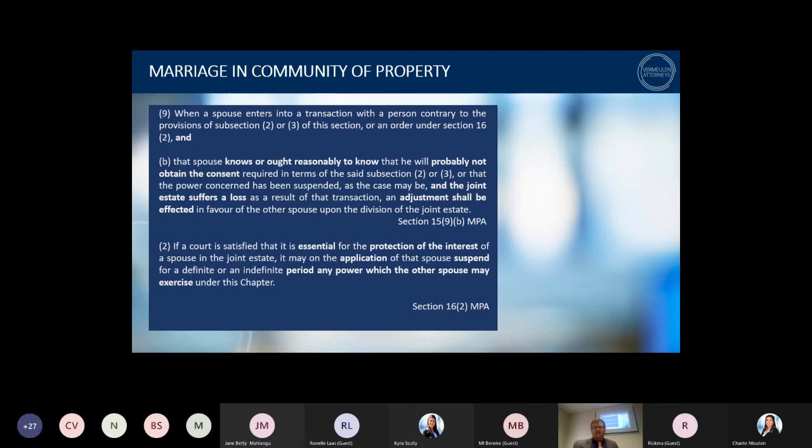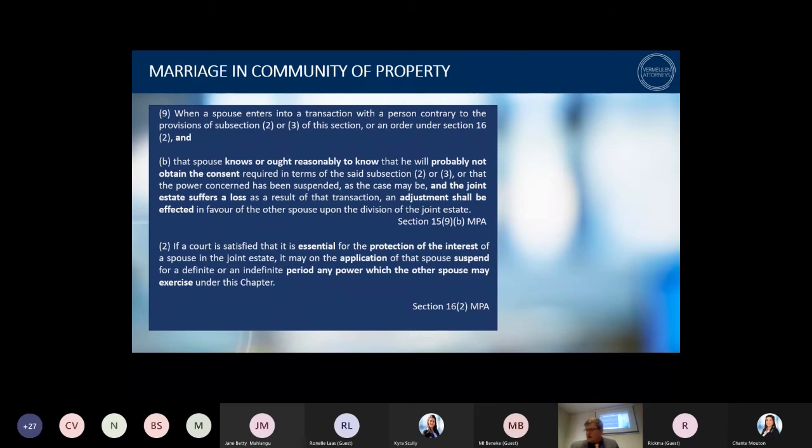Now, how do you enforce that? That becomes problematic. If you are proactive, you can obviously go to each credit institution and you can say to them, listen, we now inform you that their powers have been suspended, give them credit at their own peril. How many credit providers are there in the Republic, however? So there we deal with subsection 9A and B. Again, look up there.